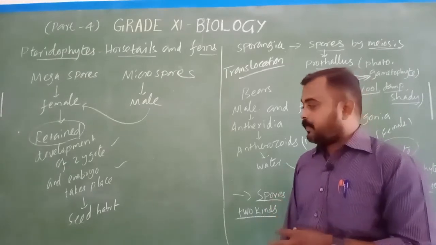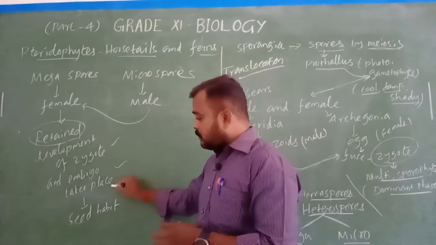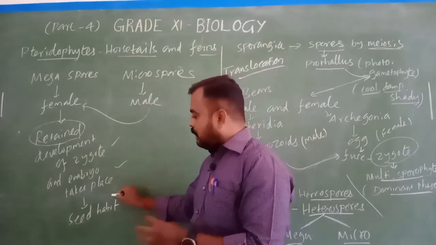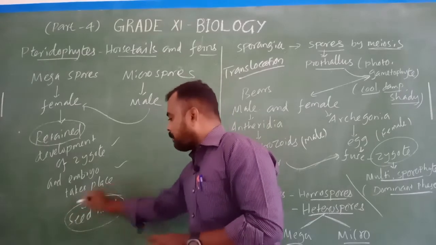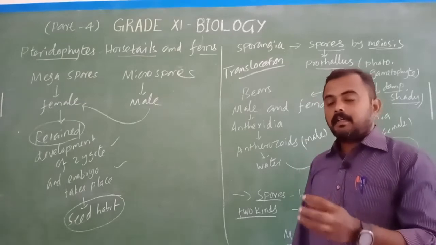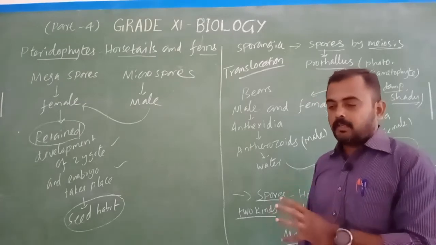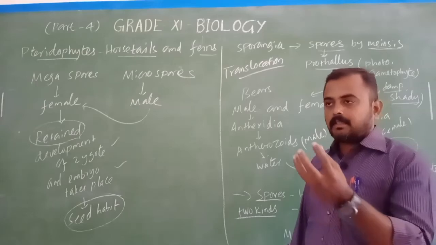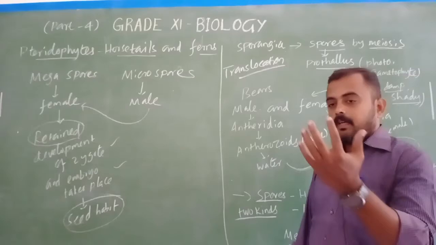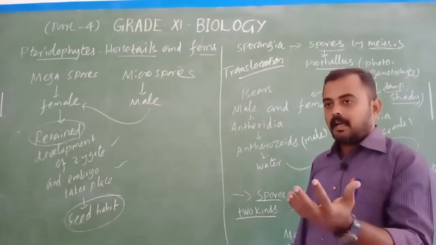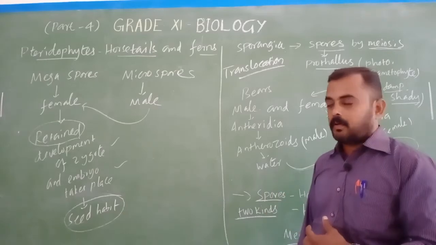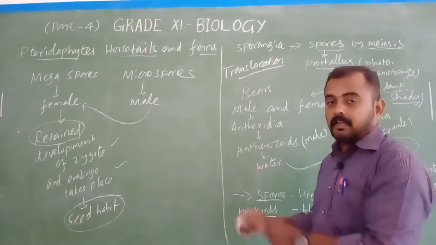You know, so what happened? The embryo is present in the seed, which means the seed habit is coming. So in evolution, first is algae, second is bryophyte, third is pteridophytes. It is based on the living places, and the next one, how does it reproduce? Here it is fully sexual.